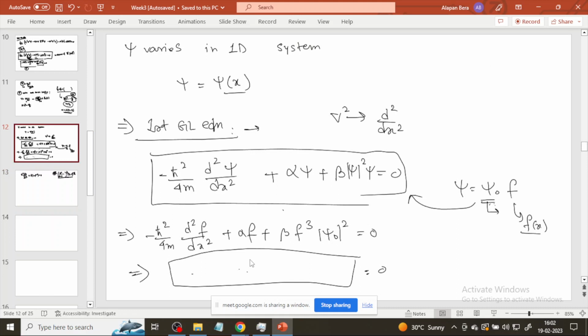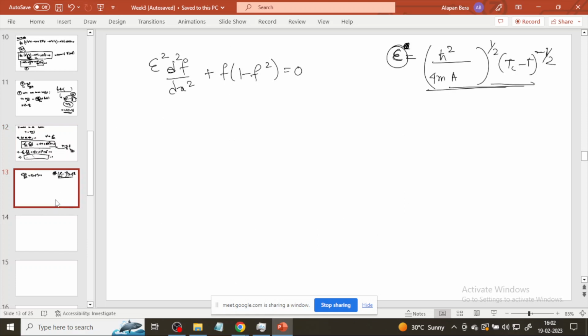With some simplification of this equation, you can directly come to this equation, where epsilon is given as this, called the coherence length of the superconductor.